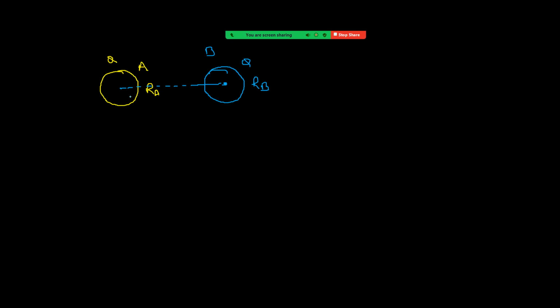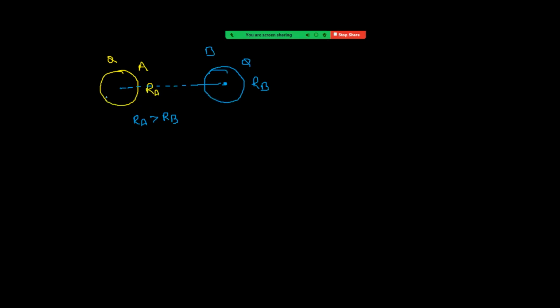Charge flows until their potentials are equal. And we can see the condition given: RA is greater than RB.